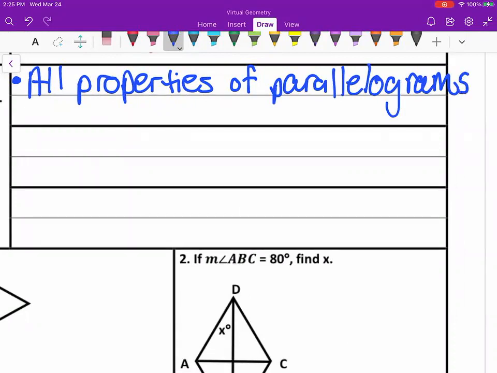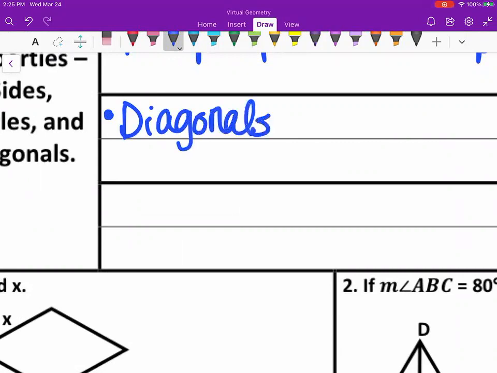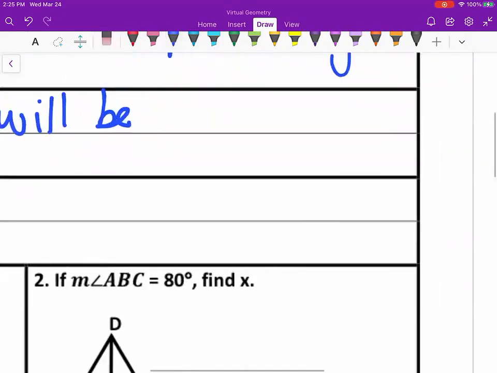Now, more specifically, a rhombus does have some other things going on with it. One of those properties that happens in the rhombus is that the diagonals will be perpendicular.